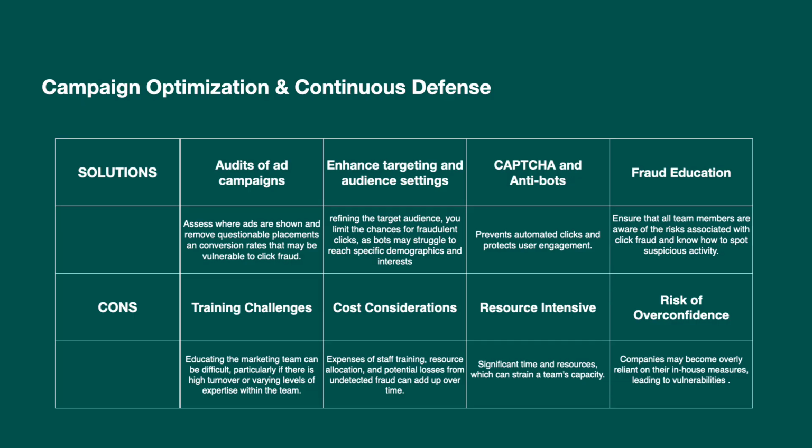Assessing where the ads are shown, removing questionable placements, and conversion rates that may be vulnerable to click fraud. Another option is to enhance the targeting and audience settings. By refining the target audience, you limit the chances for fraudulent clicks, as bots may struggle to reach specific demographics and interests. You can be as specific as possible with this method.